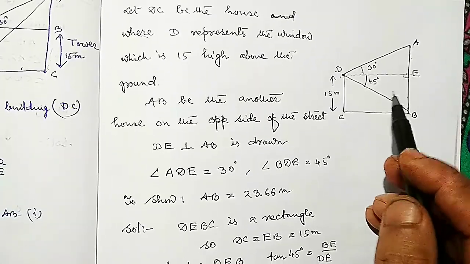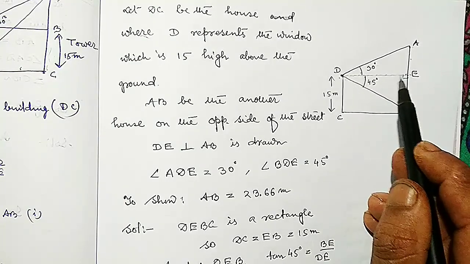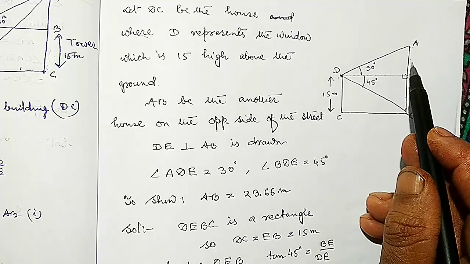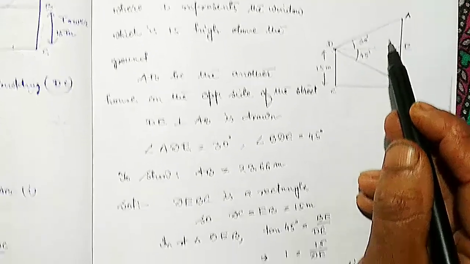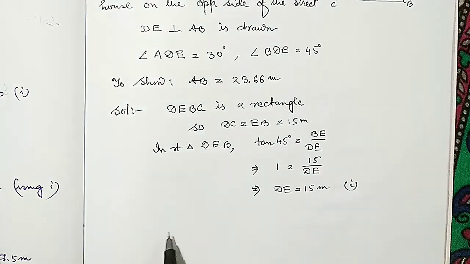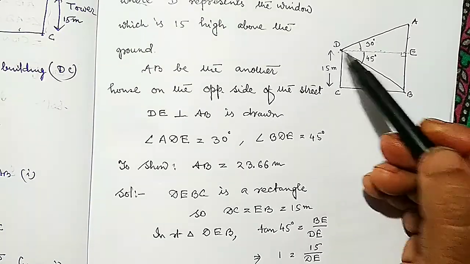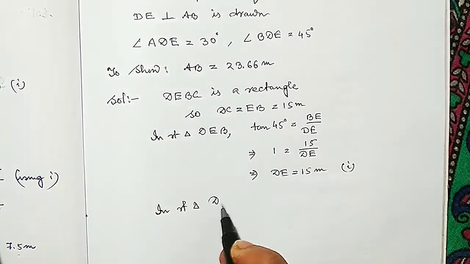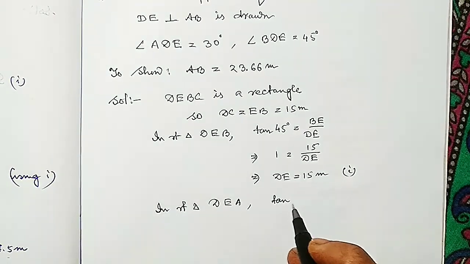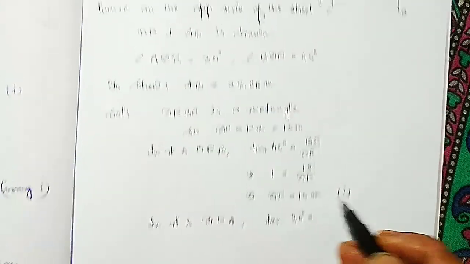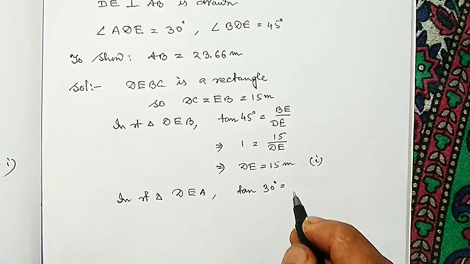Now we are going to use the upper triangle, that is DEA. As we know DE, we can calculate AE. So we have to relate AE and DE. So here also I am going to use tan 30. So in right triangle DEA, tan of 30 degree will be AE by DE.